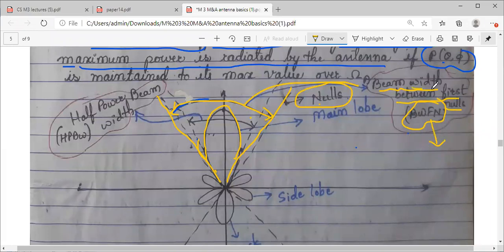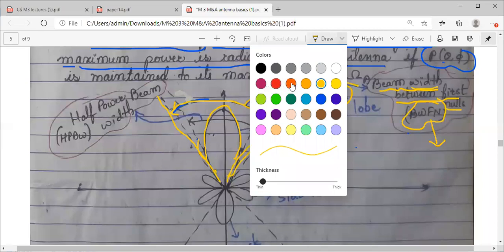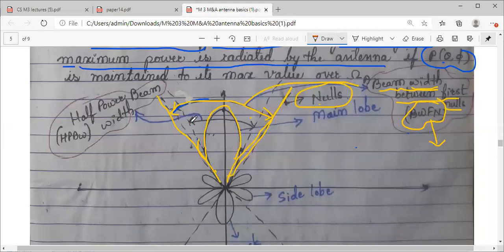That's why I'm taking width, not area. You can use the area term also. Beam width between first nulls. These yellow lines are called first nulls. The width covering between these two, whatever your radiation is, we call it BWFN. Now talking about here.